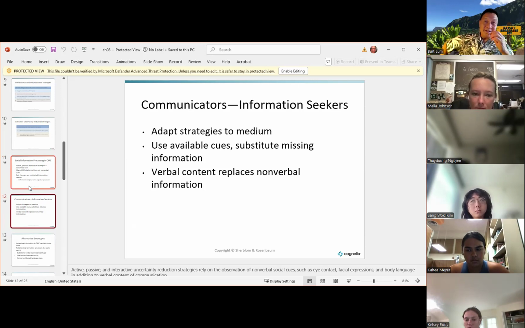So these communicators, these information seekers, they're going to adopt strategies to the medium. And I've mentioned some of the groups that I've worked through. One is obviously the Broadband Hui, which is an online weekly meeting of people across the state.